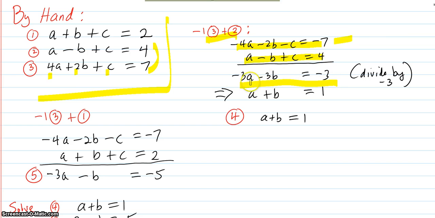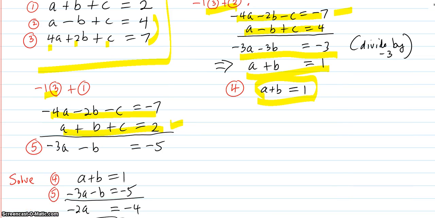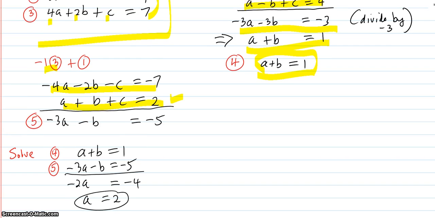You come up with this. Then you realize that negative 3 divides out on both sides. That's fortunate. So you come up with this. So that's your new number 4 equation. Then you use negative 1 times equation 3, add it to equation 1. So there's equation 1 right there. Add down, get this, the c's cancel out.